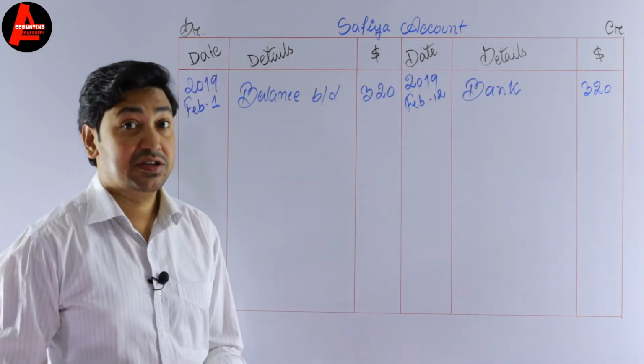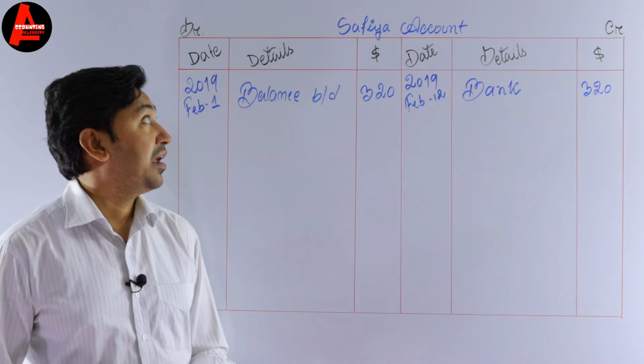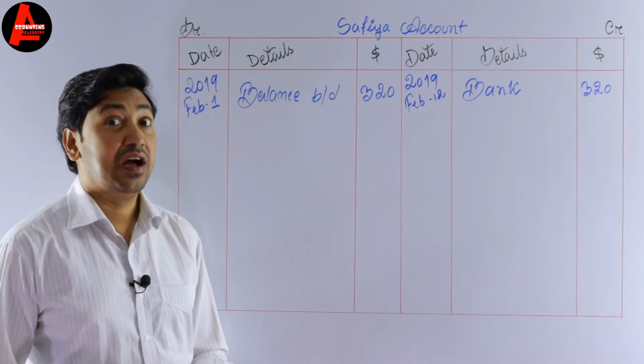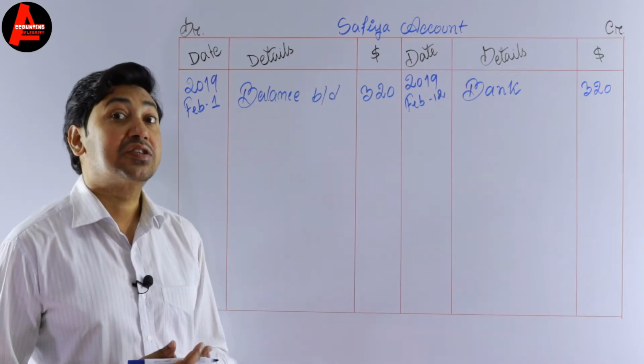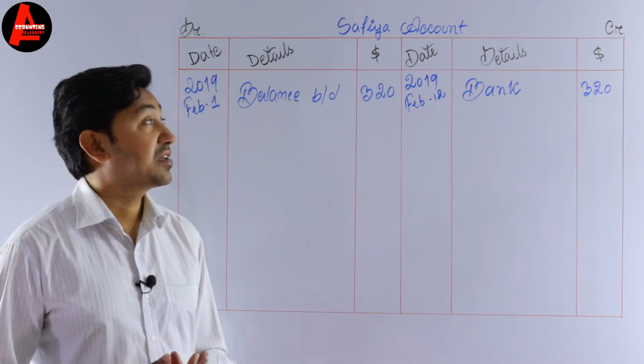What is the next transaction in the question? It is on 16 February. Shafia purchased goods on credit. The list price is $250, less 20% trade discount. Shafia purchased, so what did Hamila do? Hamila sold goods. So what is the double entry?